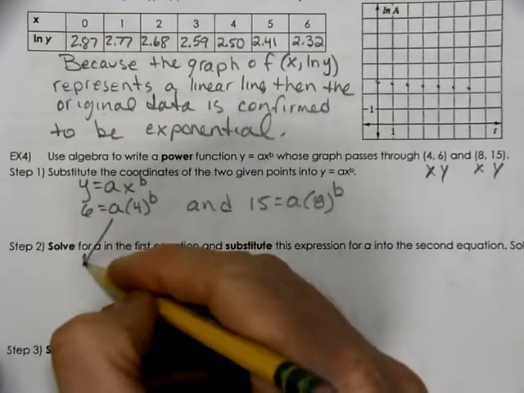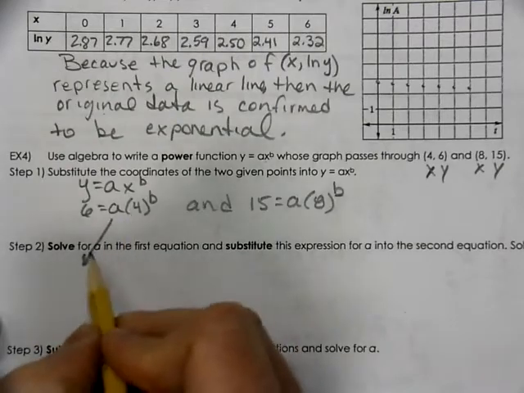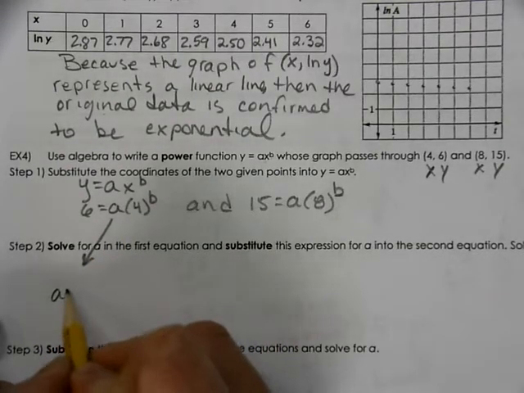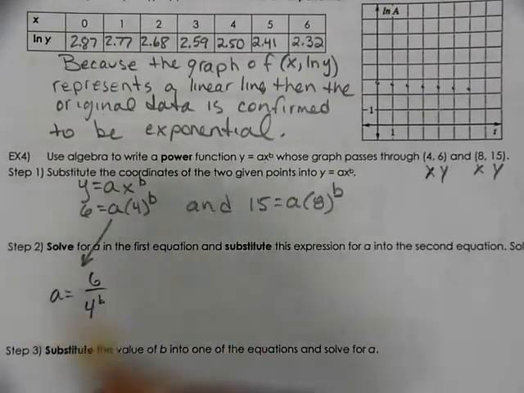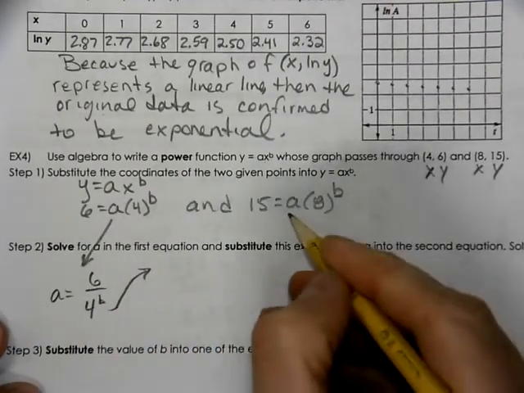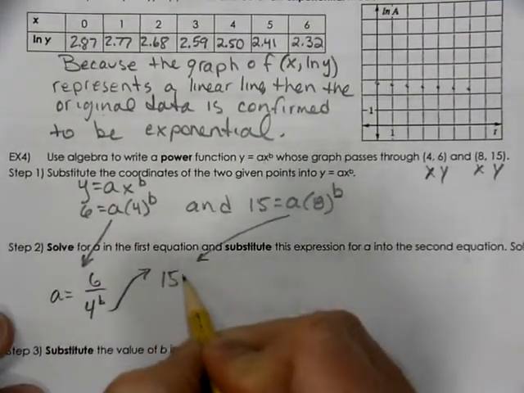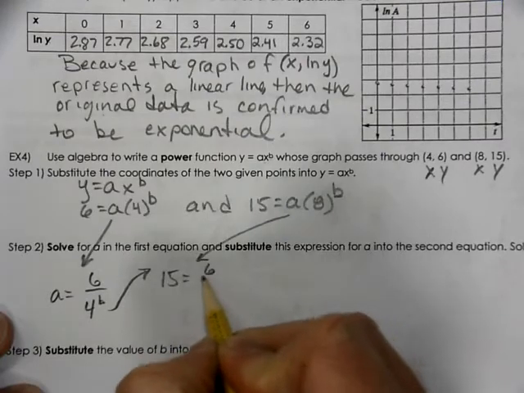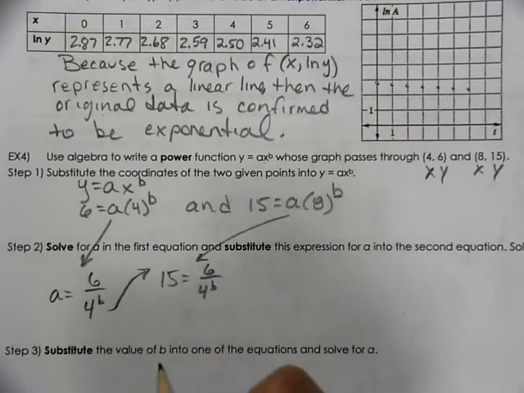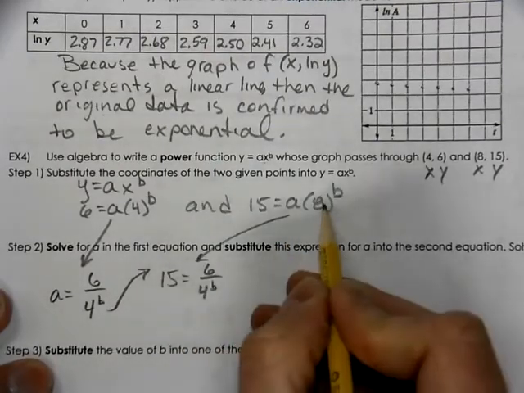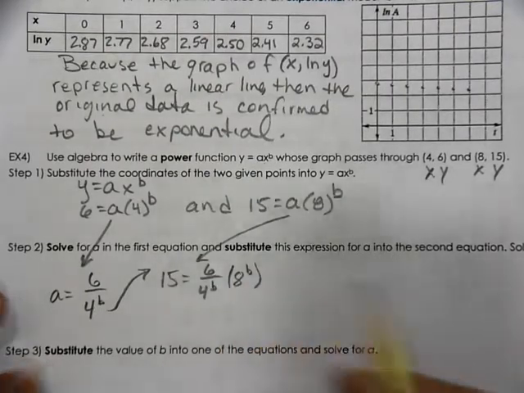So we're going to bring this down, which turns out to be getting the a by itself. a equals 6 divided by 4 to the power of b. Now we're going to take that and plug it in very similarly like we did before. We have 15 equals 6 divided by 4 to the b times 8 to the b.